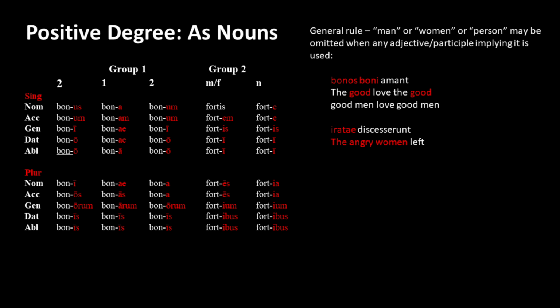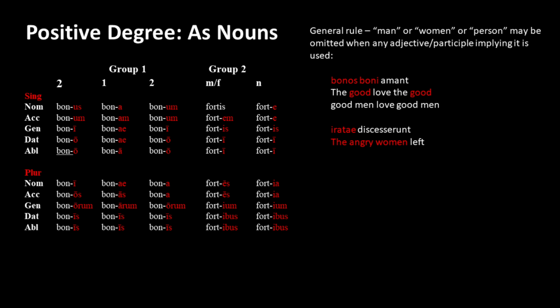Since iratae already contains the idea of a number of women who happen to be angry, why bother saying iratae feminae discesserunt? It's a waste of words, and the Romans never liked to waste words. And so, iratae discesserunt can be taken as meaning the angry women left.